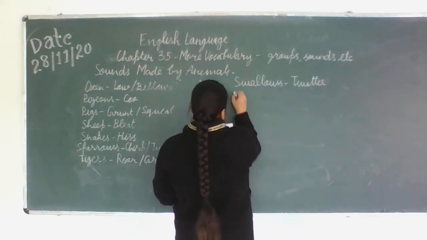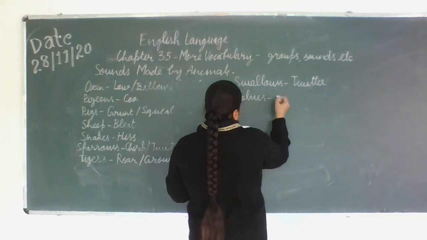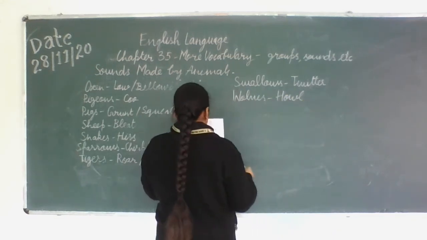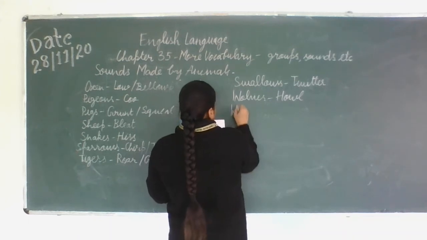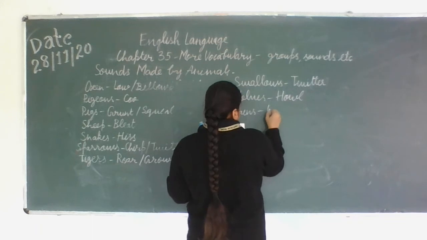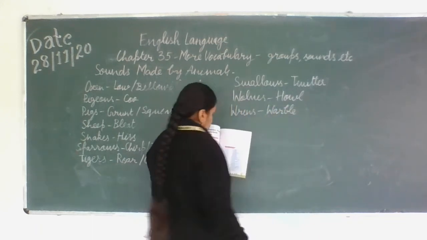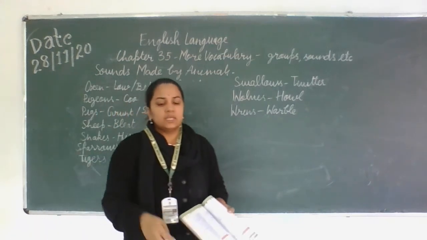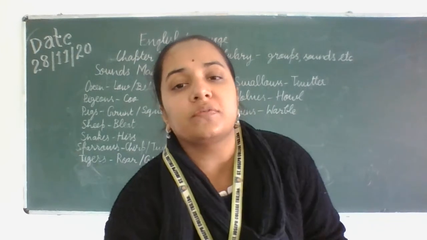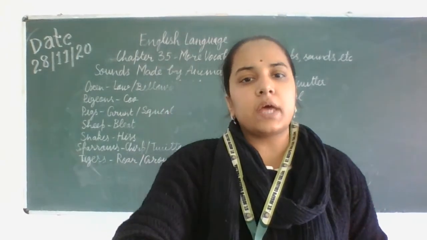The next one is wolves, and the sound is known as howl. The next one is wrens, and the sound is known as warble. So these are the names of the sounds which are made by different animals.